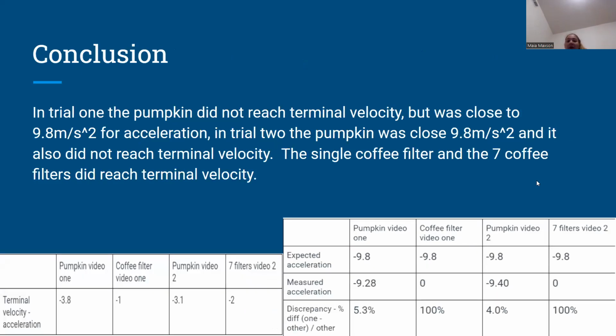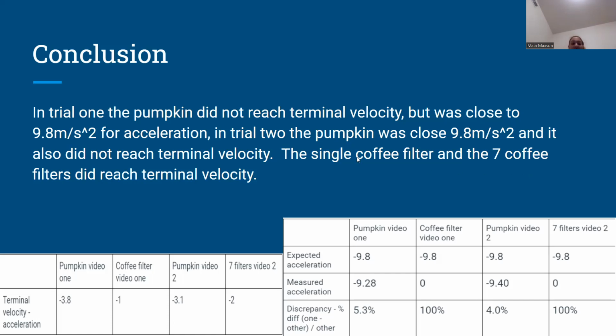In trial 1, the pumpkin did not reach terminal velocity, but was close to 9.8 meters per second squared for acceleration. In trial 2, the pumpkin was also close to 9.8 meters per second squared, and it also did not reach terminal velocity. The single coffee filter and the 7 coffee filters did reach terminal velocity. We had a discrepancy for the pumpkin in trial 1 of 5.3%, and in video 2 the pumpkin had a discrepancy of 4%.